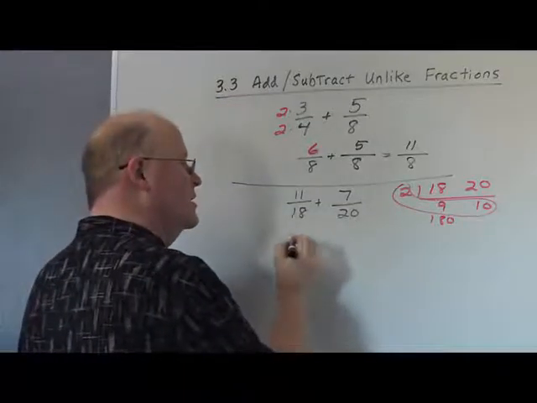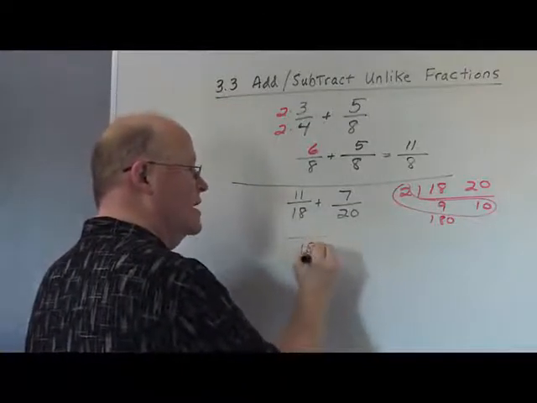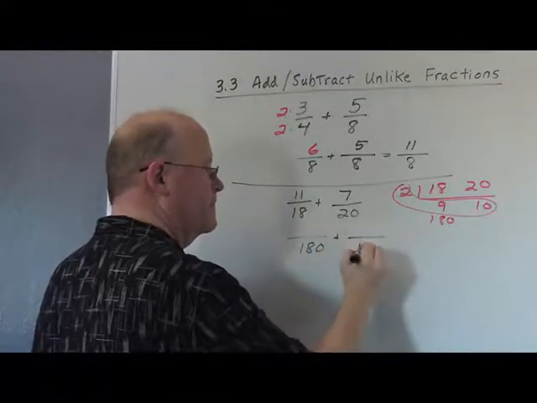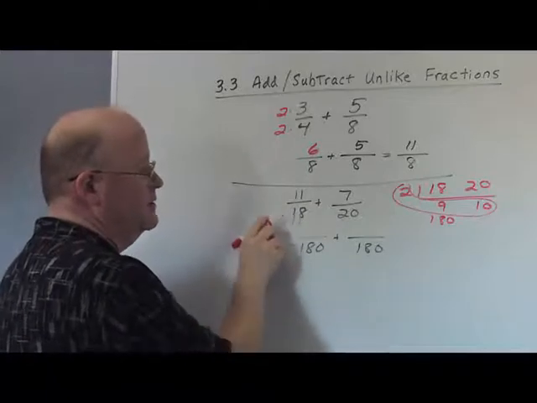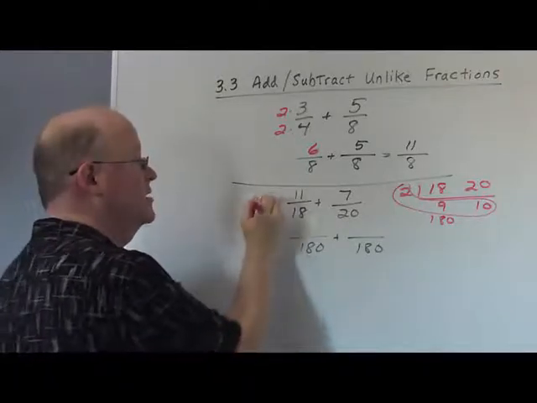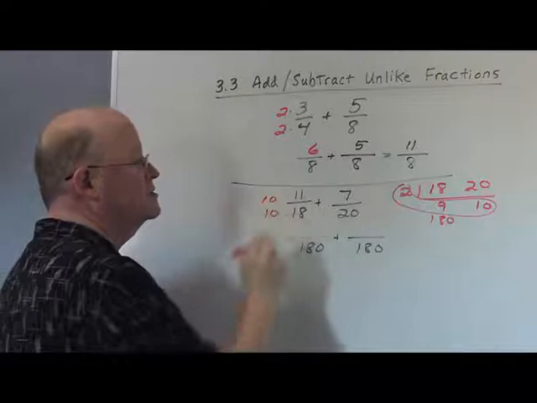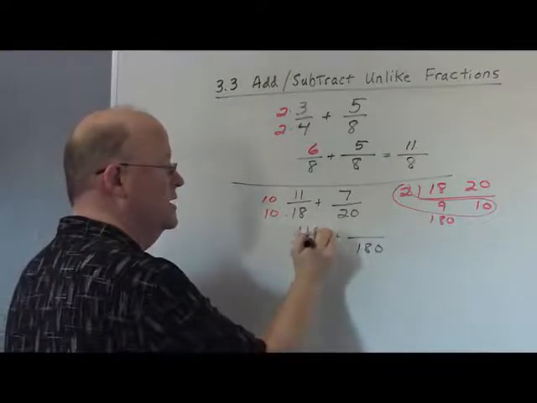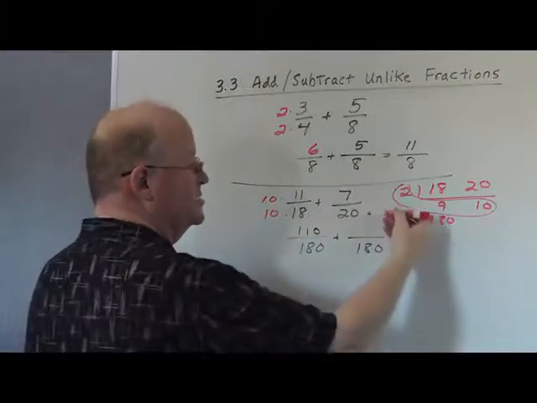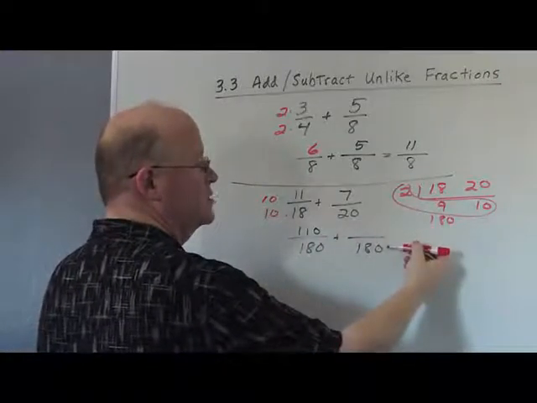So I'm going to rewrite each of these over 180. This first fraction needs to be changed. The denominator 18 has been multiplied by 10, so we will multiply both the numerator and denominator by 10. 10 times 11 is 110. And in the second fraction, 20 times 9 is 180.